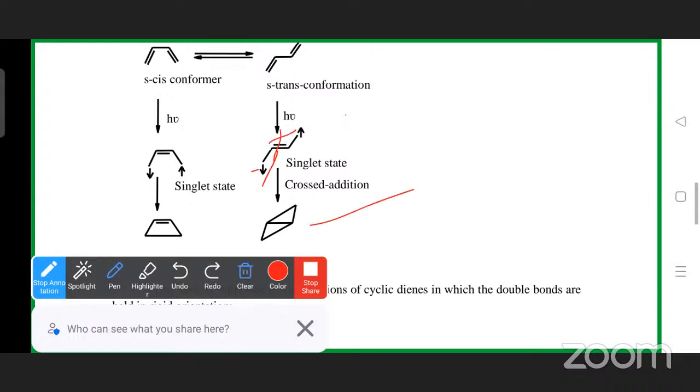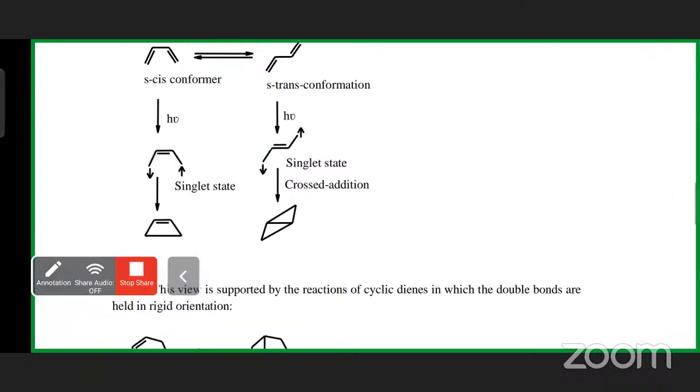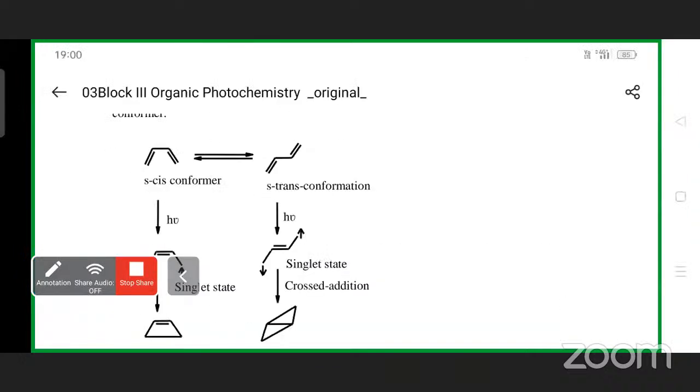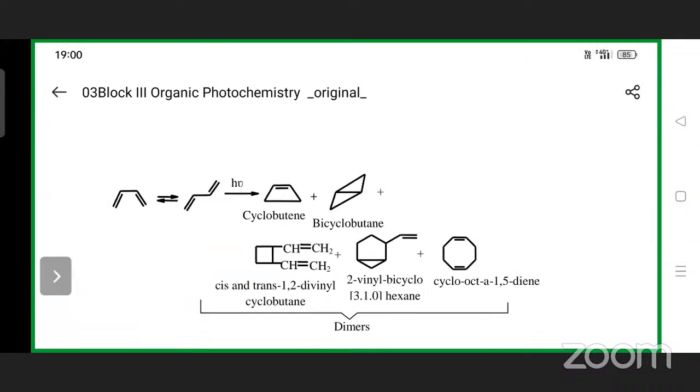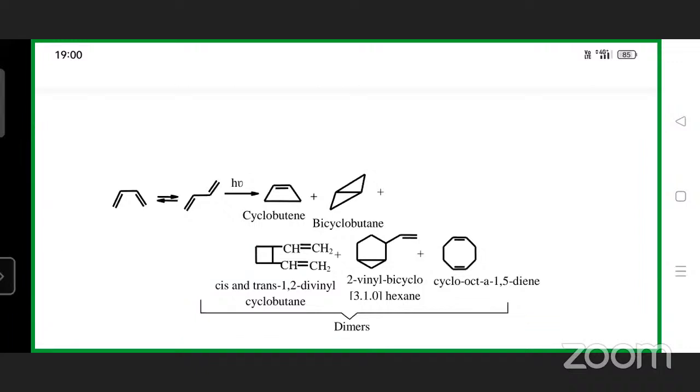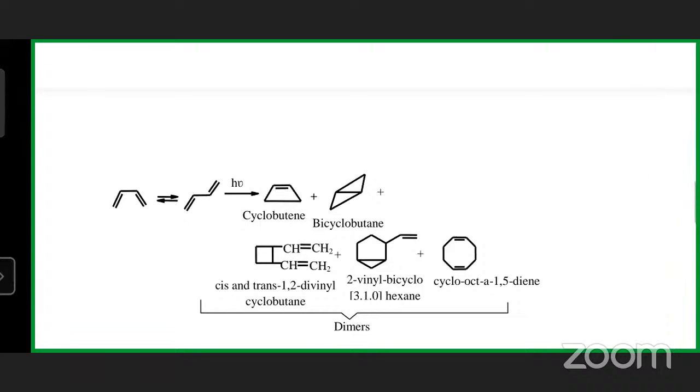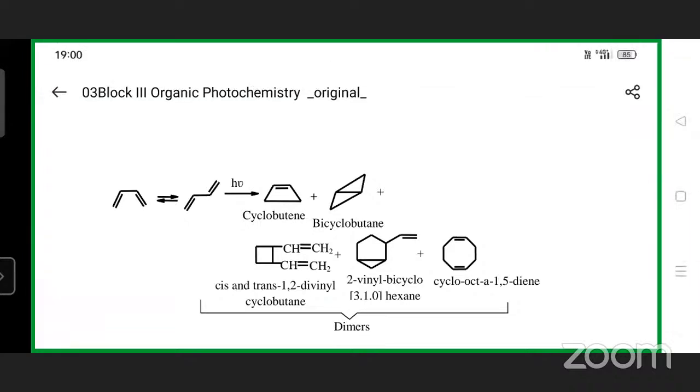So like that, there are various possibilities. How are we getting this 2-vinyl bicyclohexane? By dimerization. All these are dimer products.